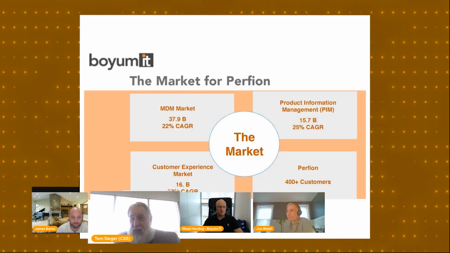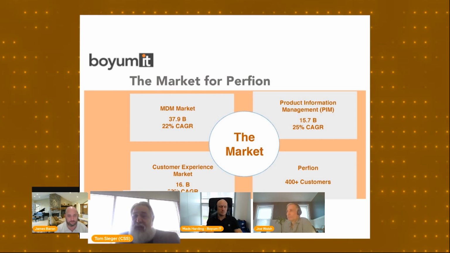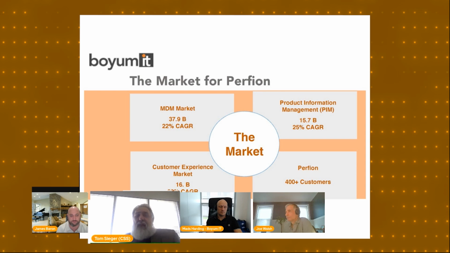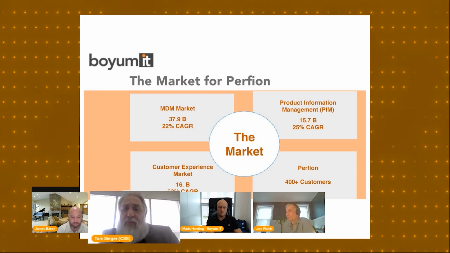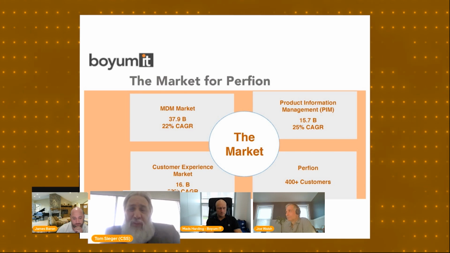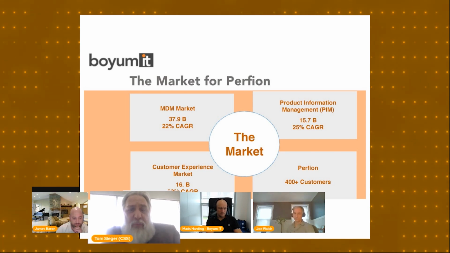Let's talk first just a little bit, and we're not going to spend a lot of time on this, about the market in general before we dig into some specifics with Perfion. Perfion fits squarely into the master data management market at the high end of the market, as sort of the macro market.